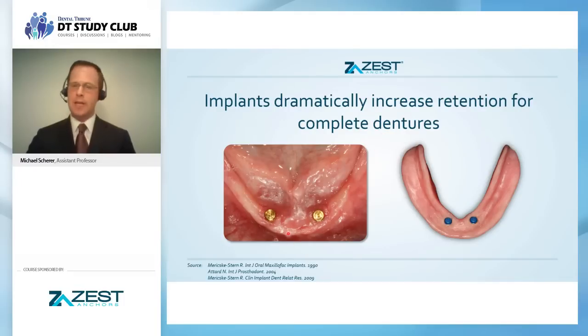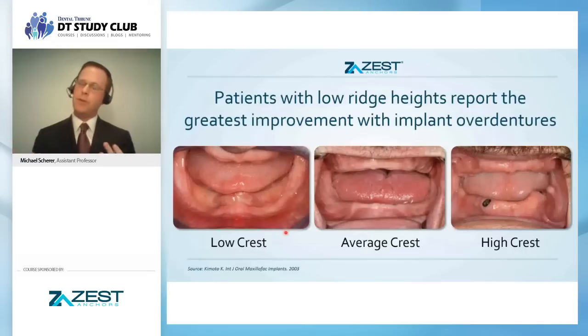And this is kind of a duh statement for many people in this room, that we've treated patients with this type of paradigm and this modality. This is obvious. But what we sometimes fail to realize is there's been some literature talking about patients that are best suited for the use of implant overdentures. And what we find is the patients that are in this age group, or pardon me, not this age group, but this clinical presentation group, tend to benefit the greatest from the addition of implant overdentures.